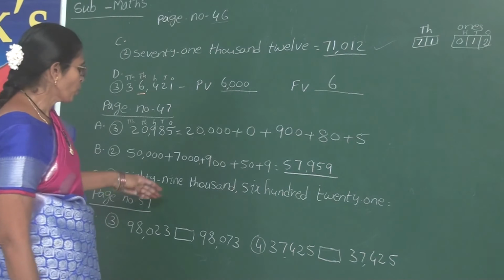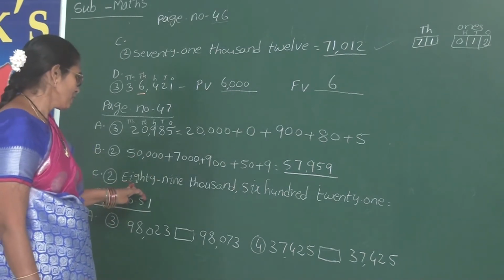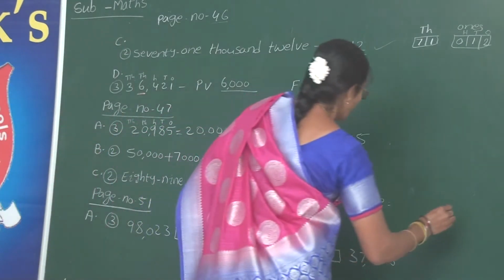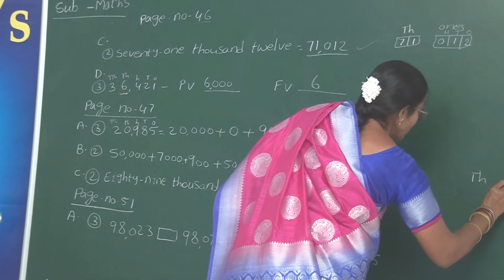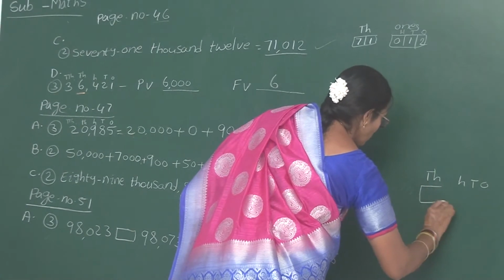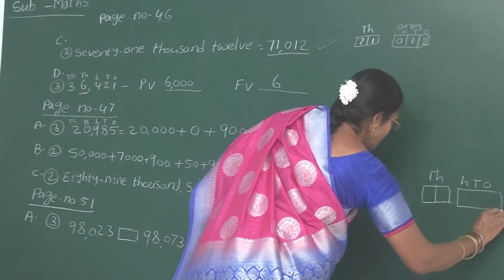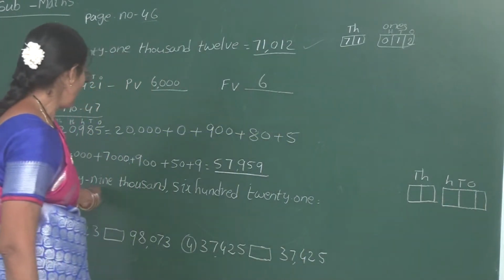So here also you want to write the standard form only, same thing, standard form. So what is this? Number name is given here, so follow like that. So thousands and ones, tens, hundreds. So thousands period, 89,000.